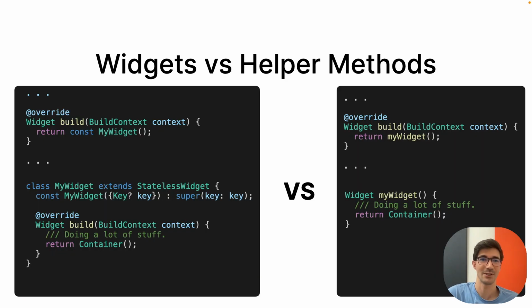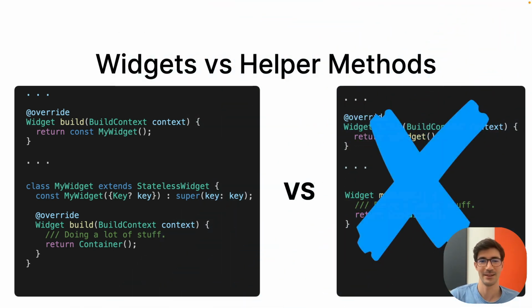So next up, what should you prefer? Creating widgets or creating helper methods? I'll give you some time to look at the code and to give your opinion in the comments. If we just quickly look at the code, it seems like using helper methods would be the faster approach. But there is actually no competition.